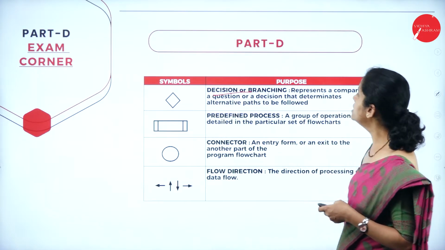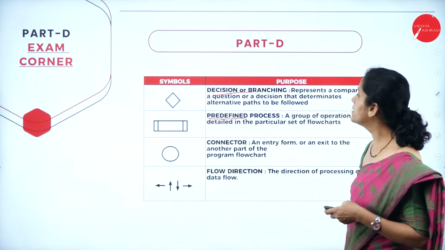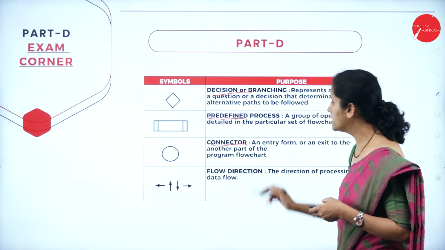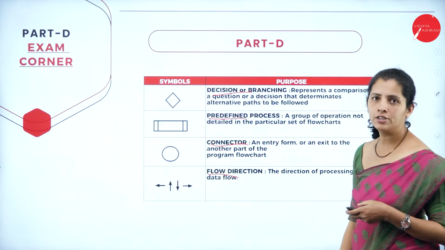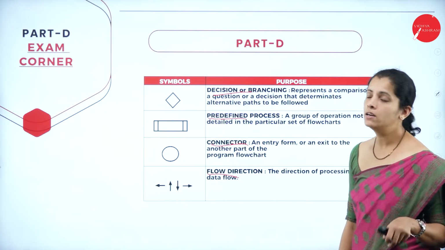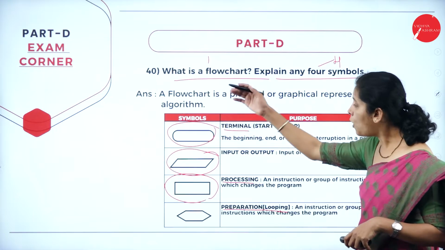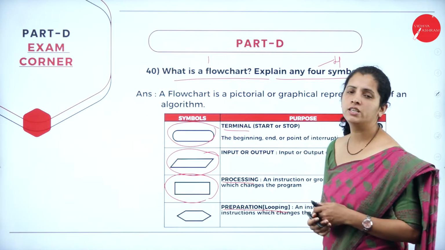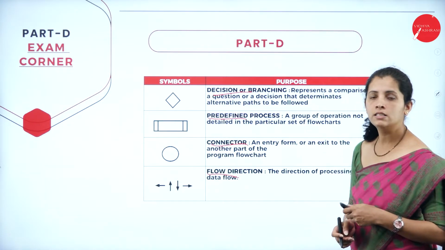I can have the decision or branching, or the predefined process, or the connector, or the flow direction. Any 4 symbols I can write. But if I consider a flow chart, I must use all the symbols in my flow chart. But according to the question, I want to write any 4 symbols.